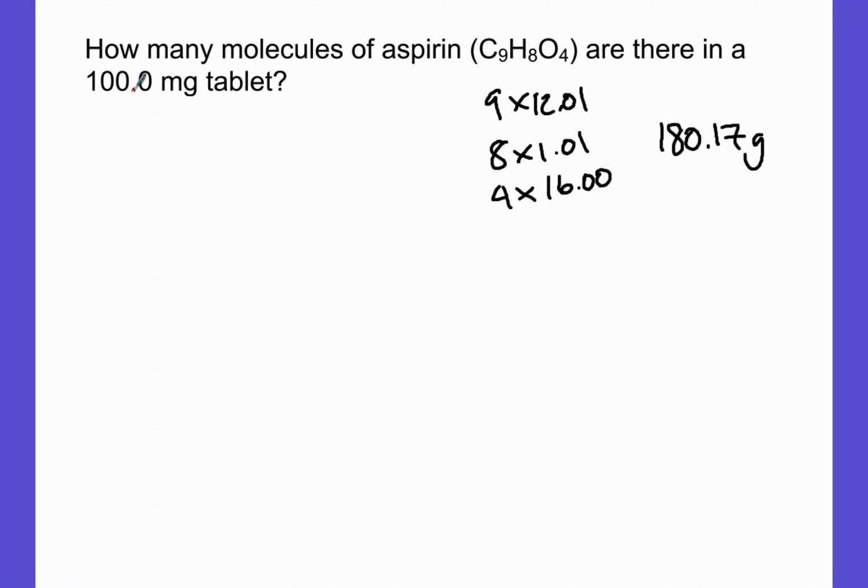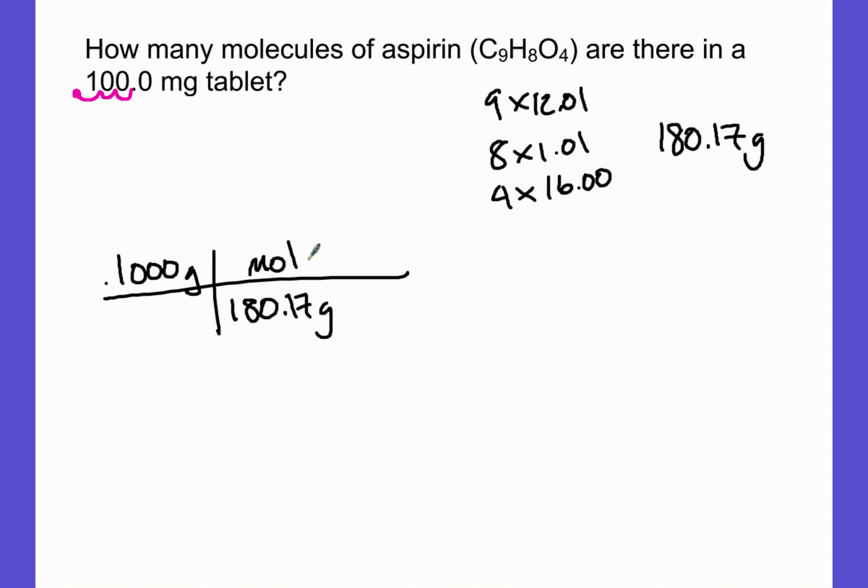I need grams, not milligrams, so I might need to move my decimal over. So I'm going to start with 0.1000 grams of my aspirin. This is my mass that I want to change in the problem into moles, because 1 mole is 180.17. I can flip-flop that fraction however I need it to be.